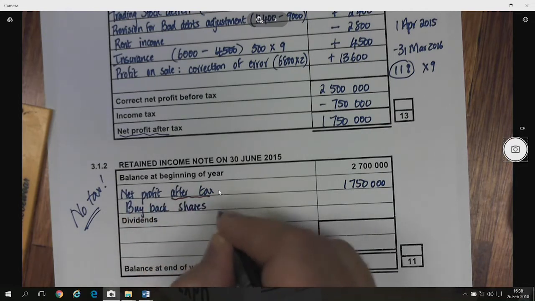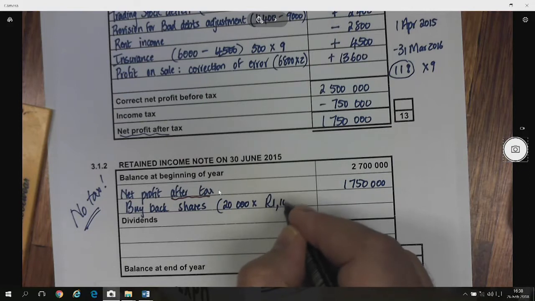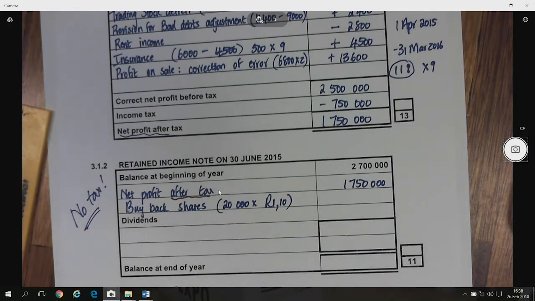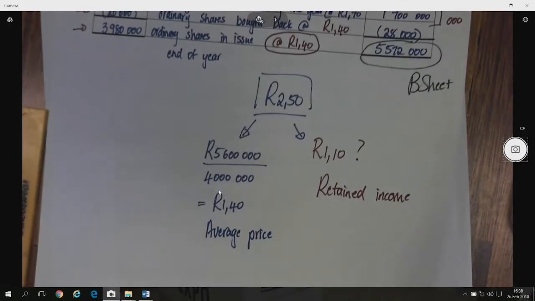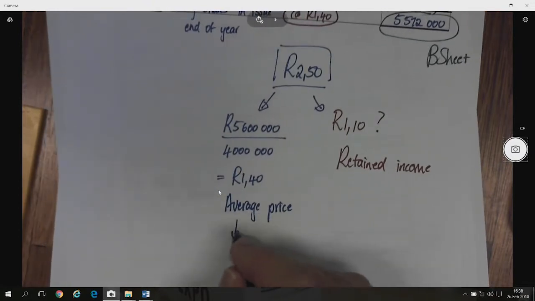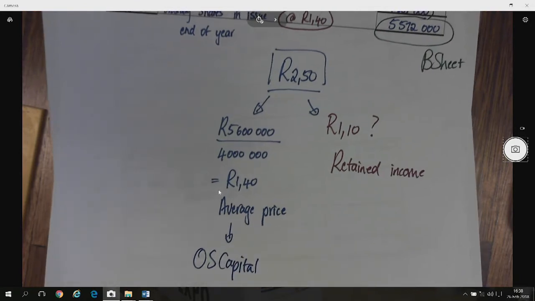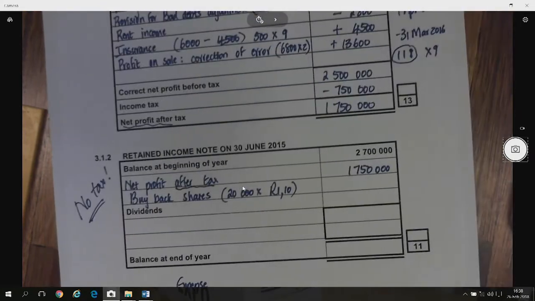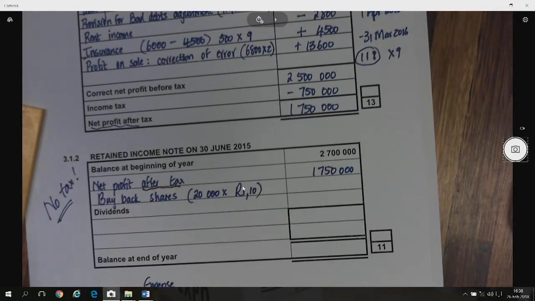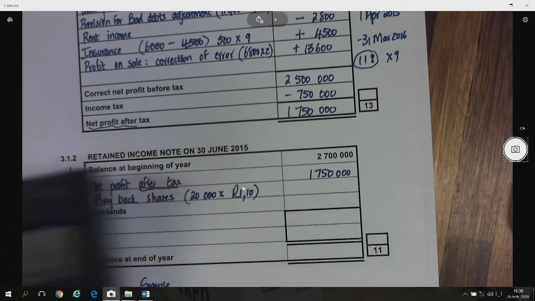And please show it was 20,000. Show the 20,000 and show it times R1.10. You'll remember I asked: if the buyback price was 250 and we only take 140 out of ordinary share capital, where are we going to take out the R1.10 from? Your retained income. So 20,000 times R1.10, I think that is R22,000.